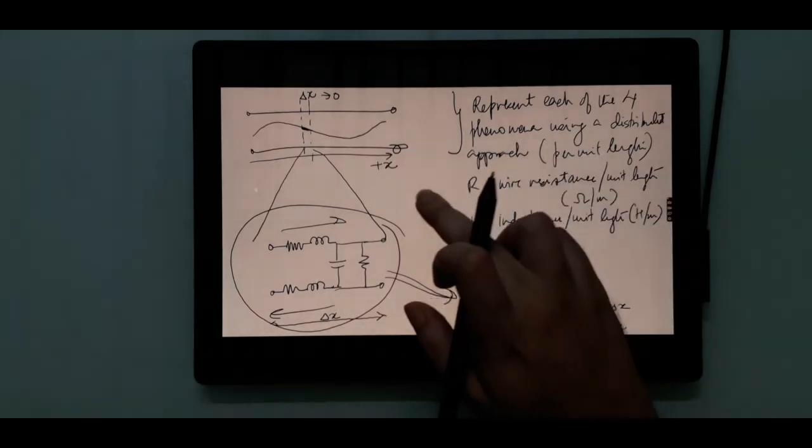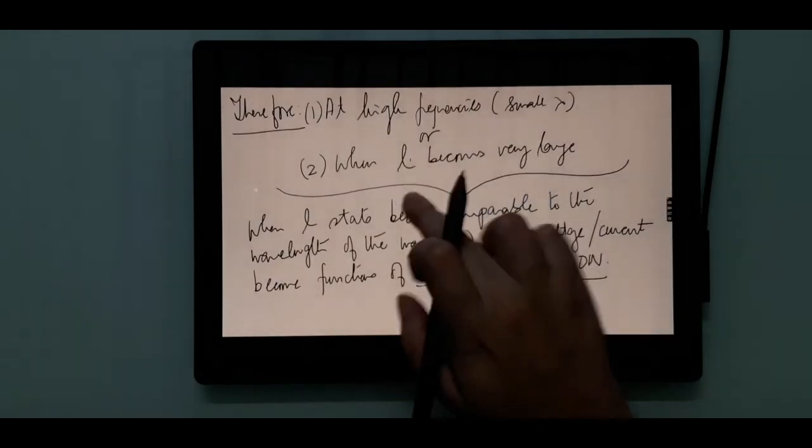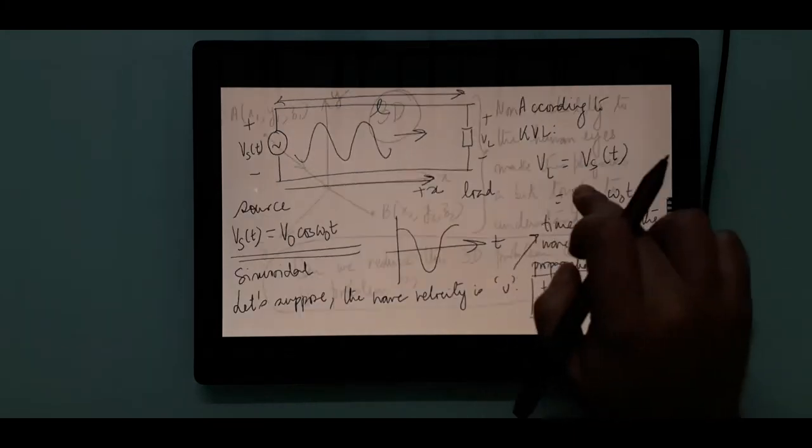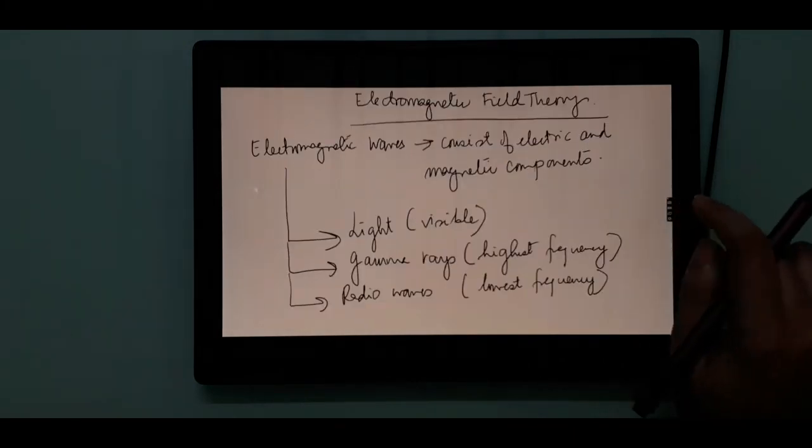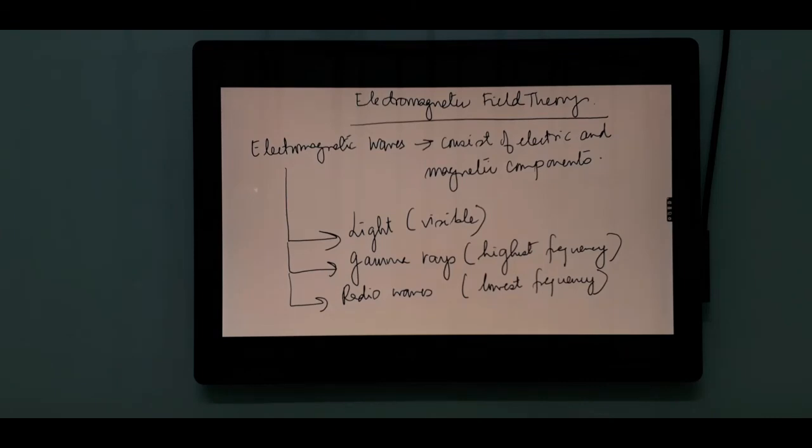So let's quickly recap what we discussed today. We started the discussion from our knowledge of high school physics of electromagnetic waves. We took some examples from the electromagnetic spectrum.